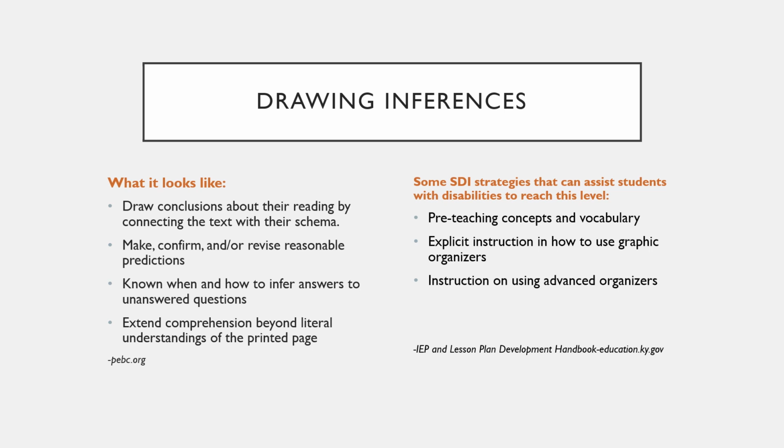And instruction in graphic organizers is another big one for them. Some questions that you could use to guide them in order to get their thinking wheels turning would be, what are you thinking as you read this text? And what conclusions can you draw after you read this text?